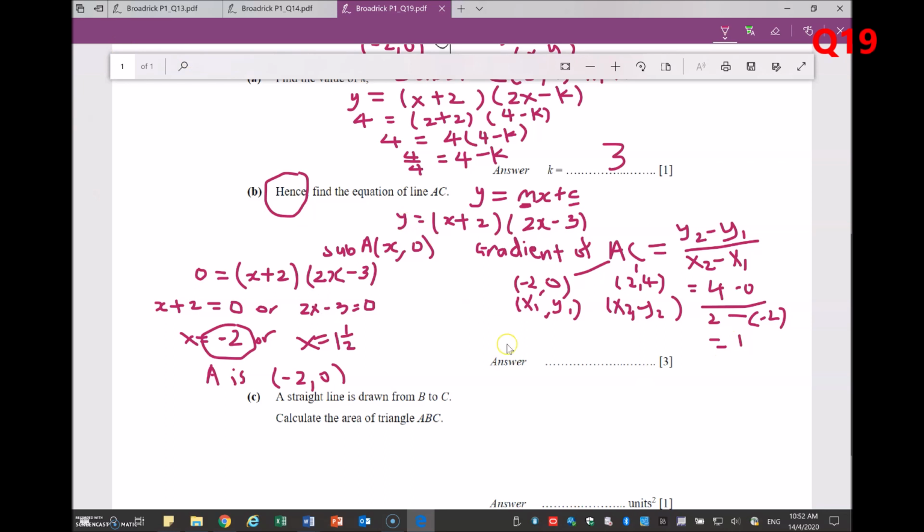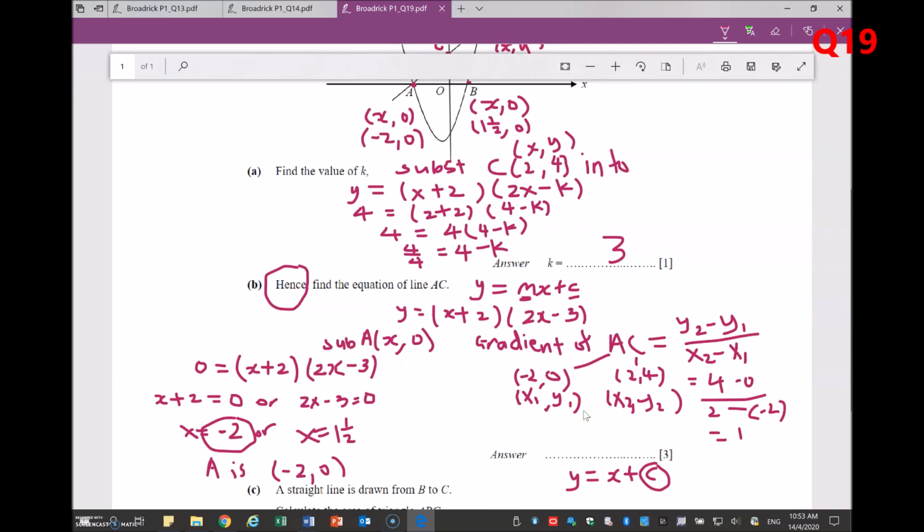So therefore my equation would be y equals to mx plus c. My m is actually the value of 1. So I'll get x plus c. Now I need to go and solve what is the y-intercept value c. So I will do substitution again.